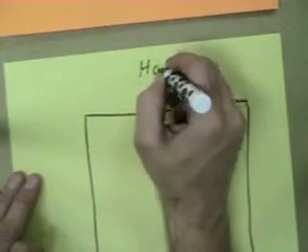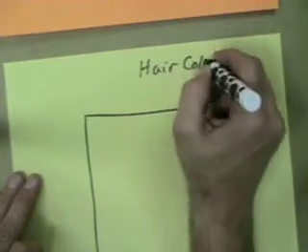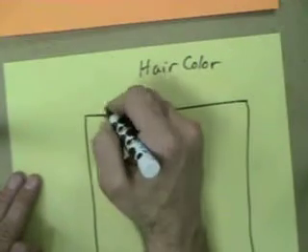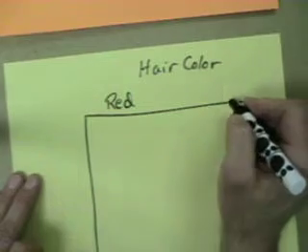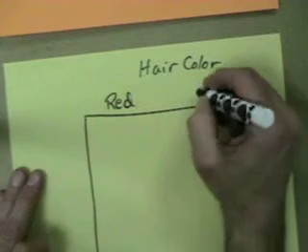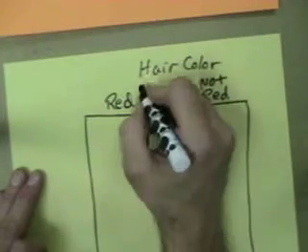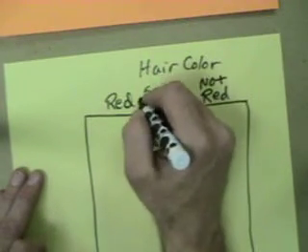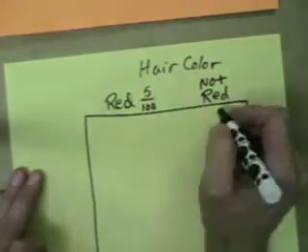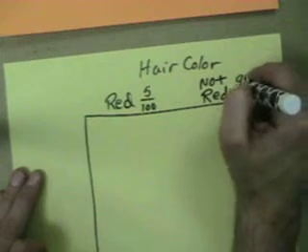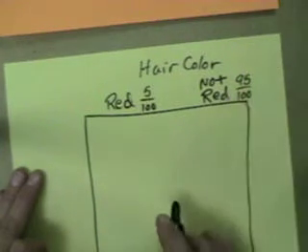The 2 big pieces of information we know are: hair color is important, and some students at the school have red hair, and we don't care what the other colors are other than the fact that they are not red. So 5 out of the 100 students have red hair, and 95 out of the 100 don't have red.